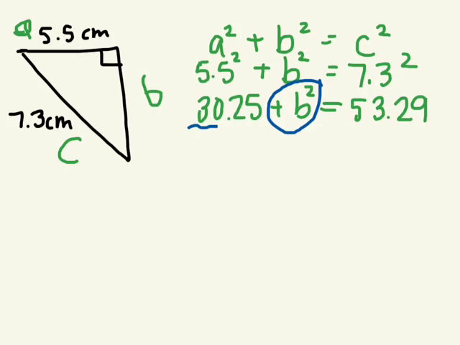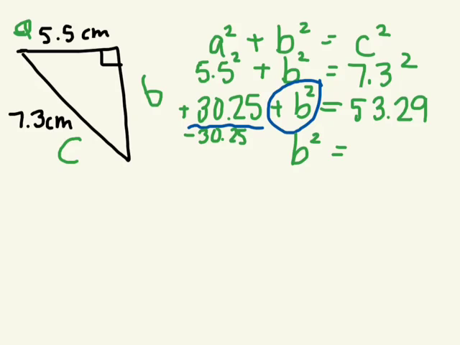So I need to get rid of this 30.25. I want to bring it to the other side of the equation. So how do we get rid of it from the left side? How do I get rid of 30.25? What's the opposite operation? It's a positive 30.25, so to get rid of it, we subtract, right? So you would do the opposite.